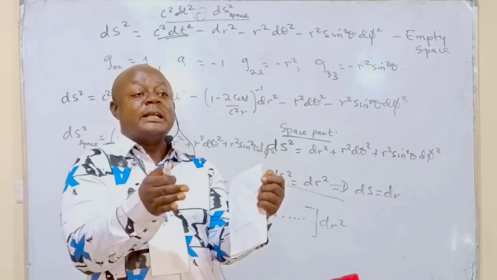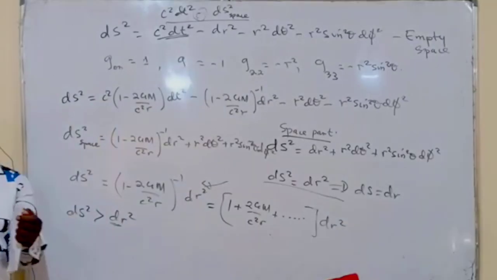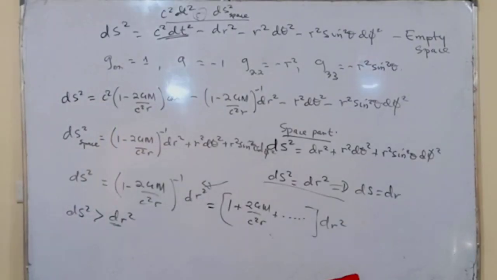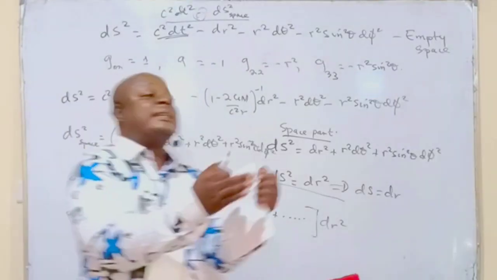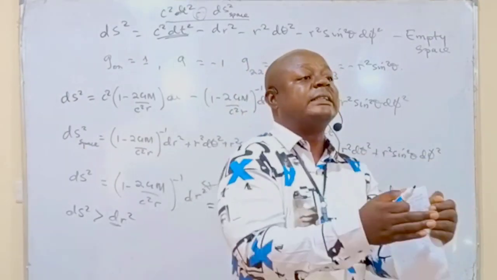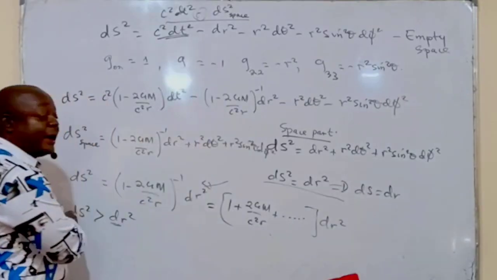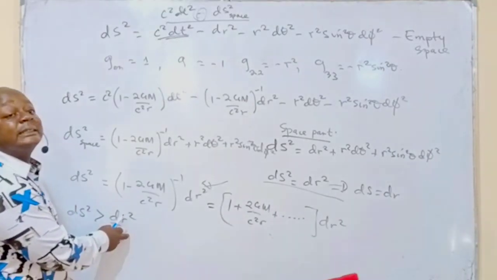The s is the proper distance, which we always say is measured at infinity, in the absence of gravity. And the r is the distance that is measured in the presence of gravity. That's why this one is called proper, and this one is called coordinate.